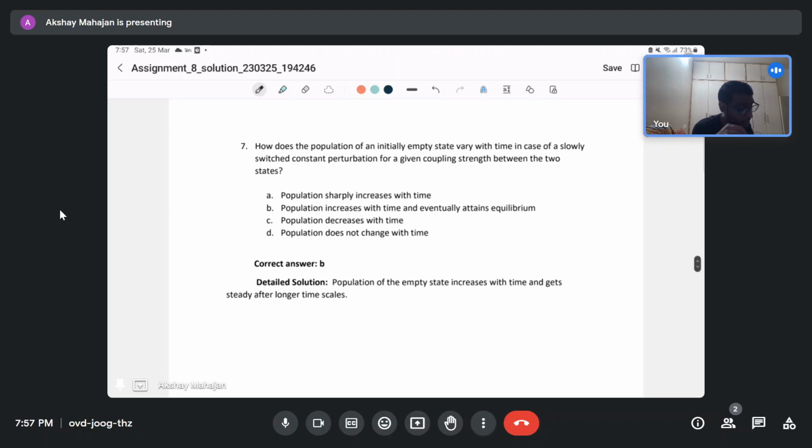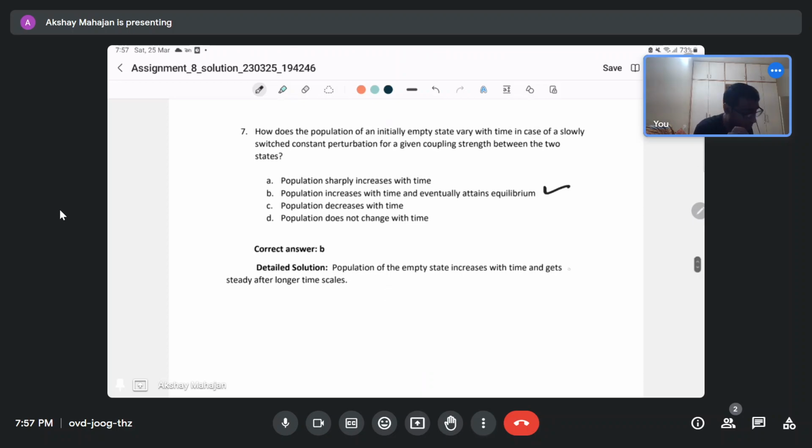You have seen in the lecture that the population increases with time, and it eventually attains equilibrium. So the population of the empty state increases with time and gets steady after a long time. You can go to the lectures and see this curve, and if you apply a very high frequency, then the fluctuation is more, but afterwards it will attain equilibrium.